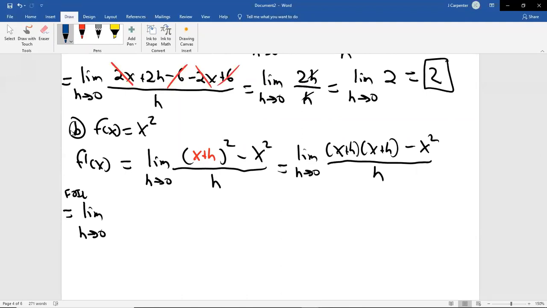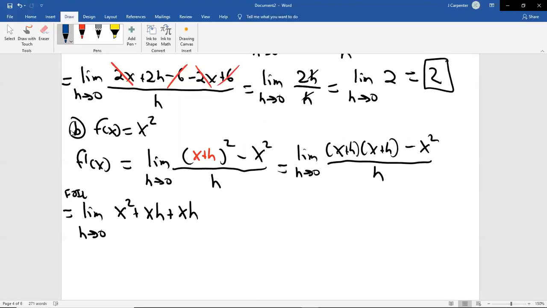You should have seen it in pre-calc multiple times as well. x times x is x squared, plus the outer x times h is xh, or hx, the order doesn't matter. The inner is h times x, so again, it can be xh or hx. The x or the h can be first, it doesn't matter, but be consistent. I went xh, so I'm going to go xh again.